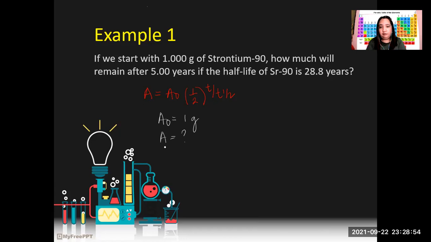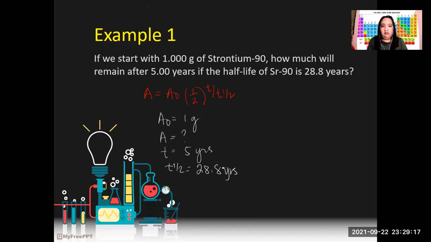After 5 years, that will be the amount of time. So that's 5 years. And the half-life of strontium 90 is 28.8 years. So that's 28.8 years. So what do we do now?